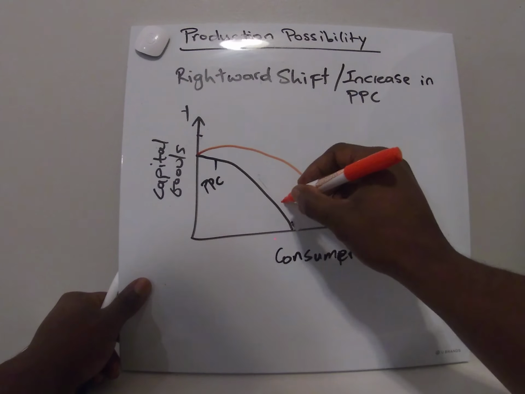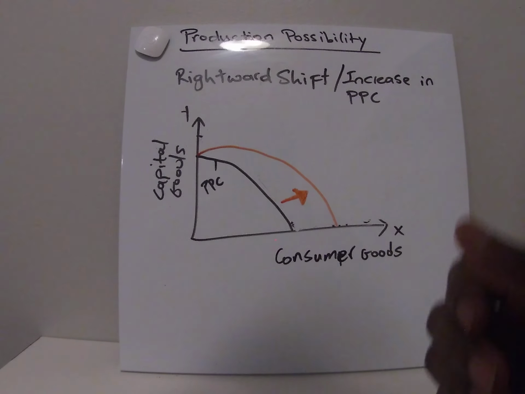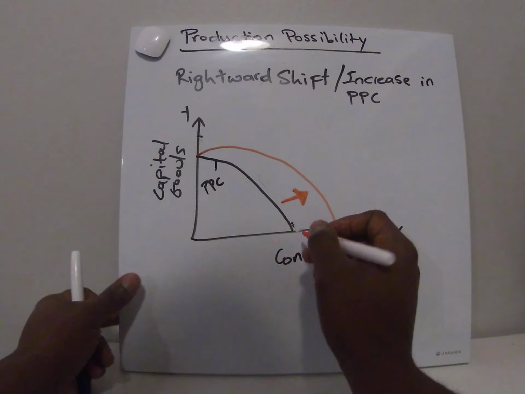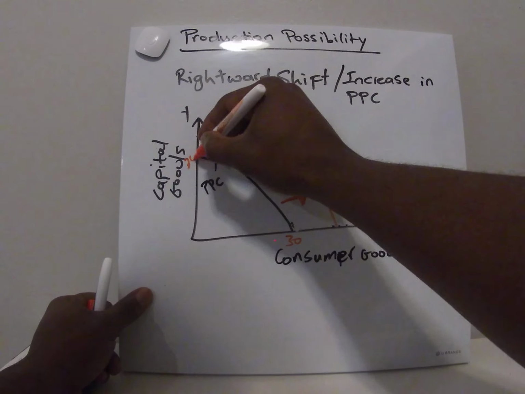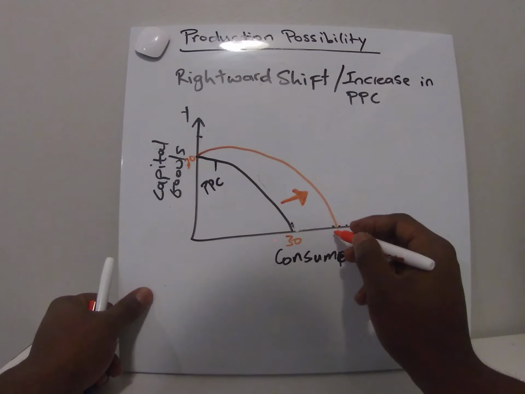The reason why it's a pivot to the right is that the key phrase is that the technology improves in producing consumer goods, not consumer and capital goods, only consumer goods. So you'll see an increase. This was 30 and this was 30. This then becomes, say, 50.